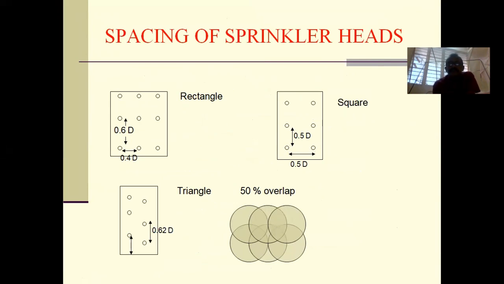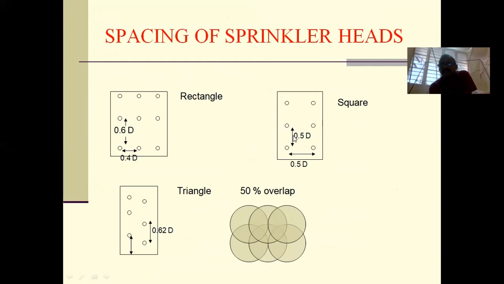Compared to square, rectangle will have less cost, because let us assume that this is the direction of the main pipe, and this is a lateral. In this case, our laterals are spaced at a larger distance. Let us say here we have a main pipe, and this is the direction of laterals.